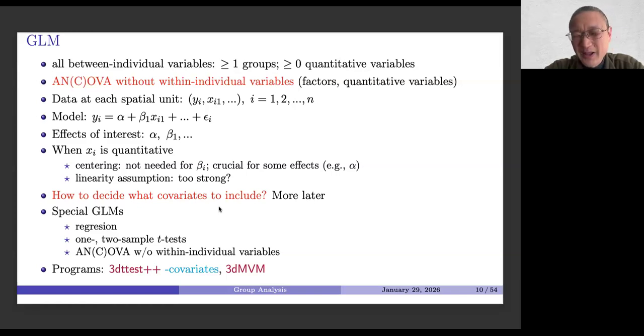Or others like emotion: when participants perform the task, do you need to include their rating as a covariate later on? During the experimental design stage you need to consider that, because that will decide what kind of covariates you include at the individual level and at the group level. That's why it's very important to think about it ahead of time, even during the experimental design stage.